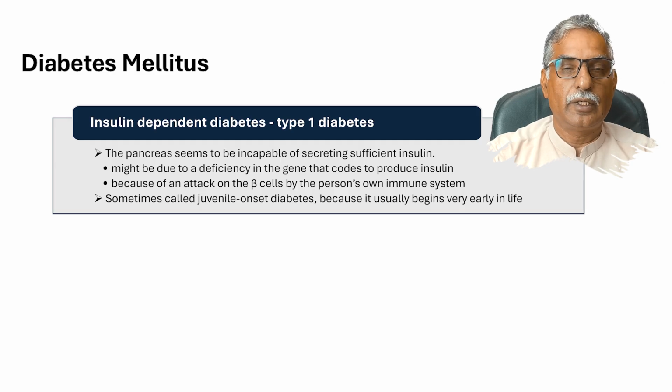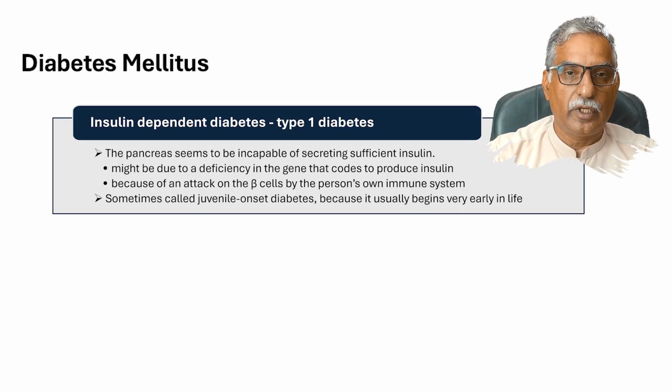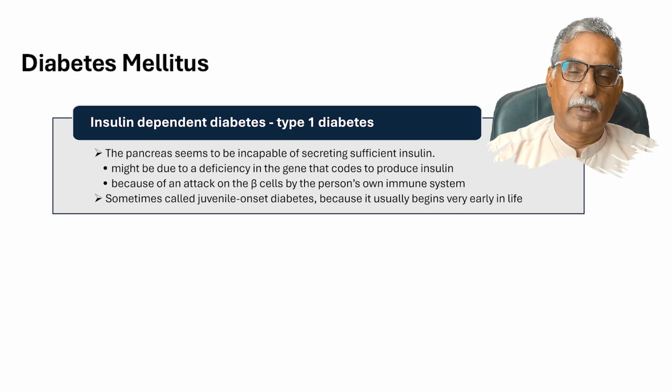So at some particular age, when the newly developing daughter cells do not receive the genes to produce insulin, they will not be producing insulin in future. So that will result initially in the reduced concentration of insulin in the blood, and in later ages, it will result in a complete stop of insulin production.